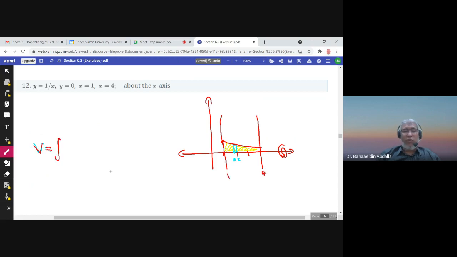From 1 to 4. It's a solid, so it's pi times the radius. The radius is this distance to the line. It should be written in terms of x, which is 1 over x already. So this is the volume.